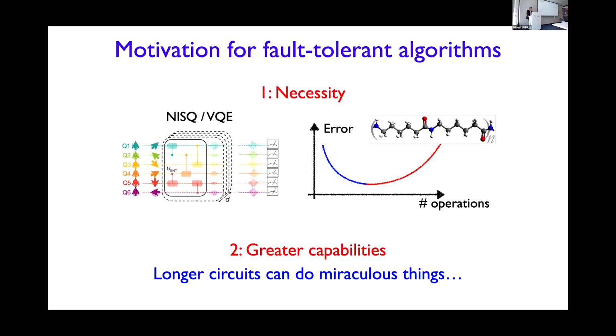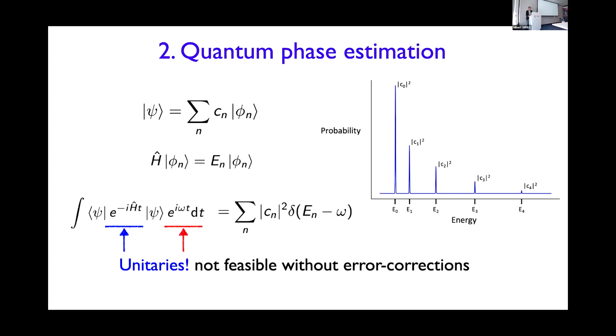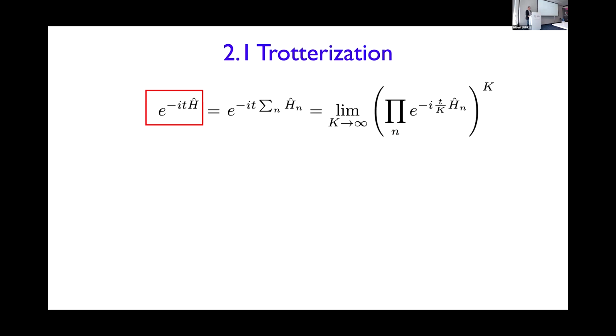All right, so quantum phase estimation, it's another quantum algorithm. There, the idea is effectively to do the Fourier transformation of the autocorrelation function, and you will generate the eigenspectrum, right? But the problem there is to exponentiate the Hamiltonian.